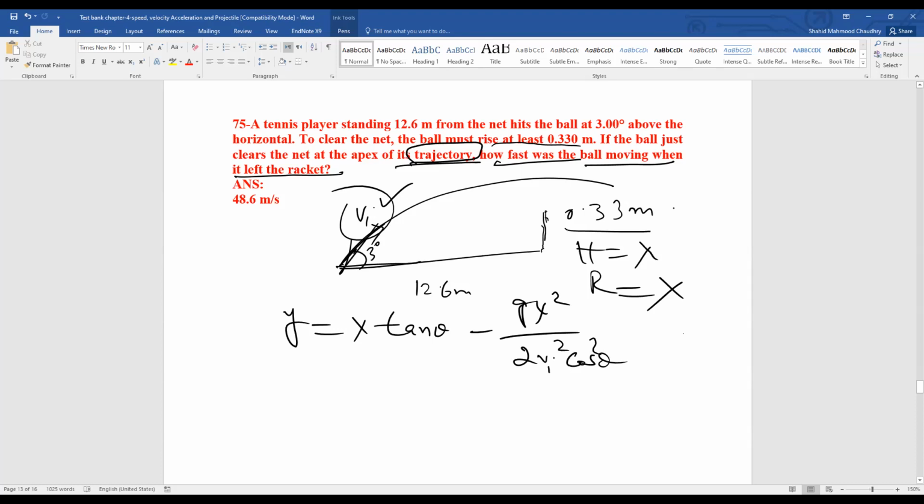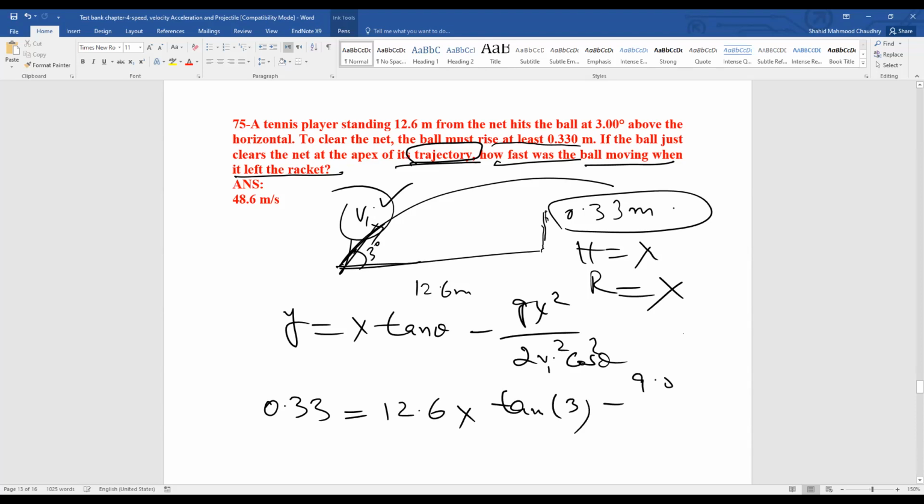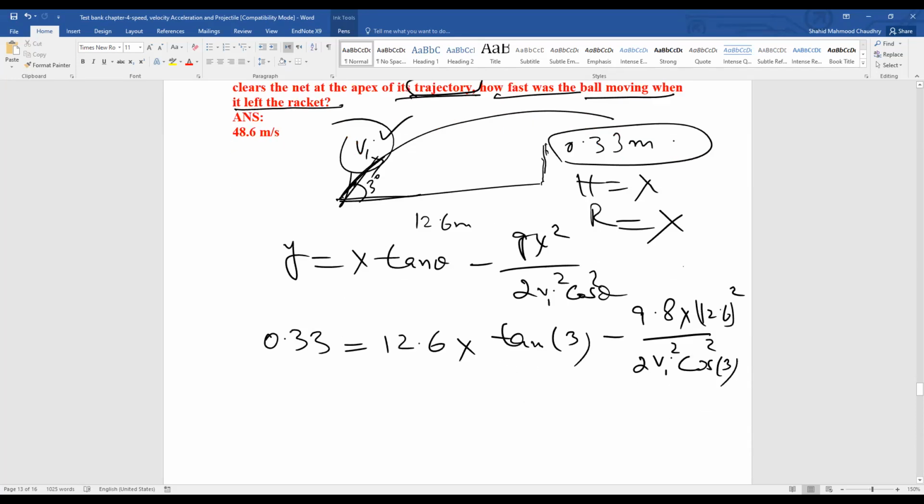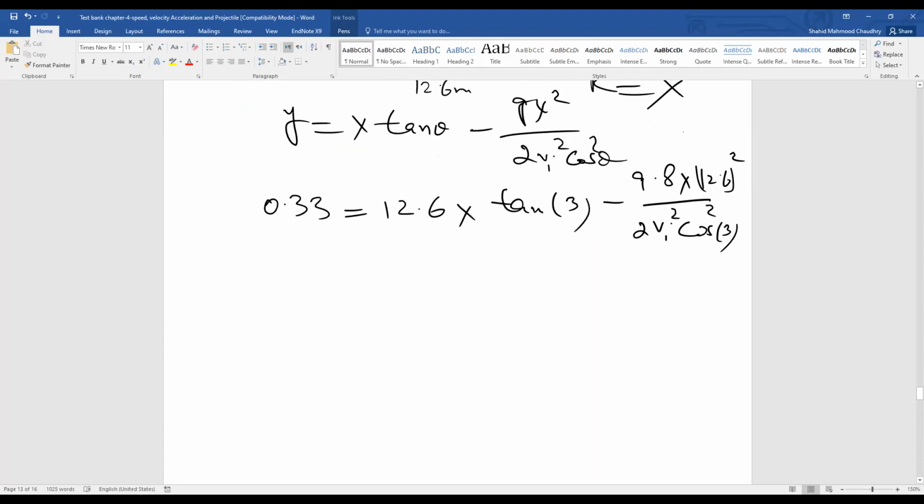So we need Vi. Here y is this value 0.33, x is 12.6 into tan of 3 degrees minus 9.8 into 12.6 whole square divided by 2 into Vi square and cos square of 3 degrees. When you solve this one, what will be the answer?